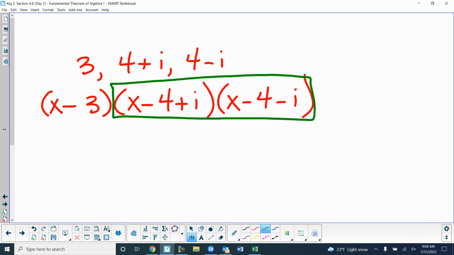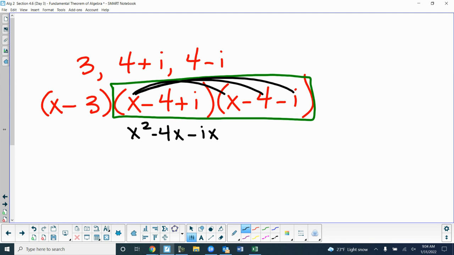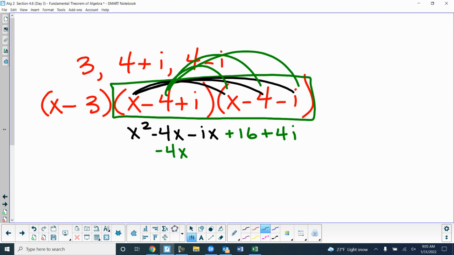Right? So, when I do x times these 3, I get x squared minus 4x minus ix. When I go negative 4 times those 3, I get negative 4x plus 16 plus 4i.